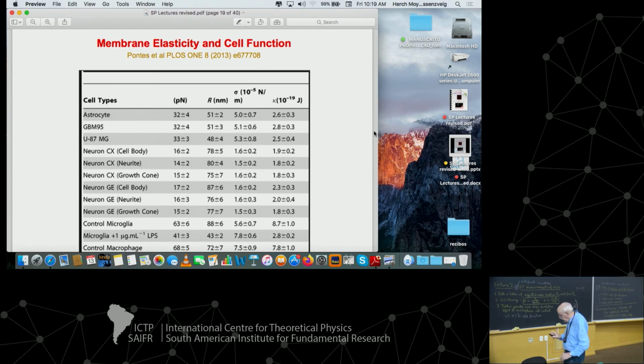Okay? So here we have very different cell types.